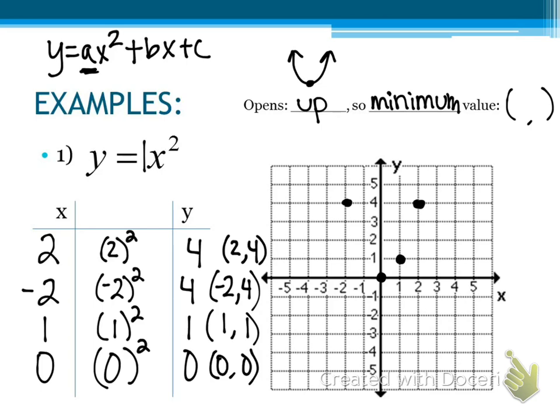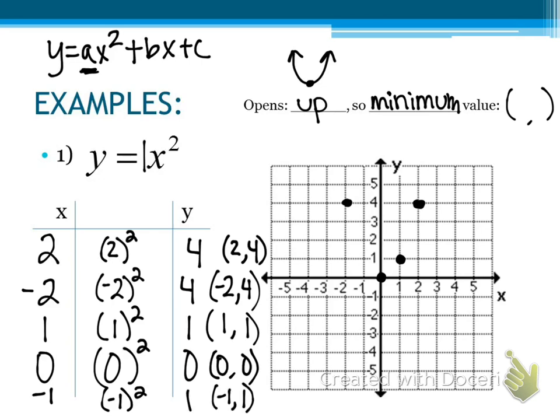Alright, I want to go ahead and plug in one more point just so that we get a good idea of the symmetry of this. Jaquan? -1. Just so that we get a really good idea of how this graph behaves. What's -1 squared? +1.